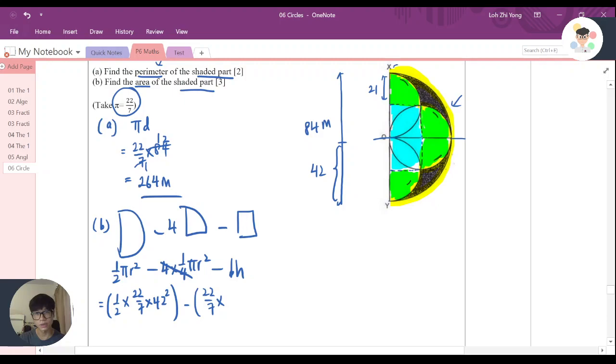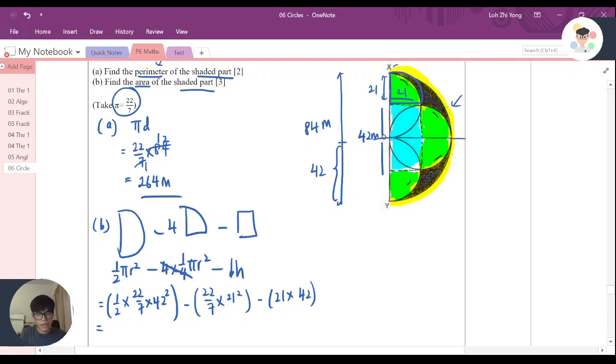Can you see that? This is the quadrant. So the radius now is 21, so it's 21 squared. Base and height, again, I know this is the radius, so I know here to here is 21. And of course, here and here add up together supposed to be 42 meters. So my base and height basically is 21 times 42.